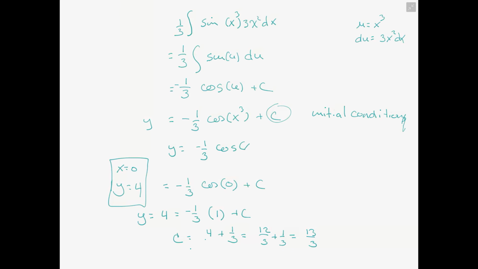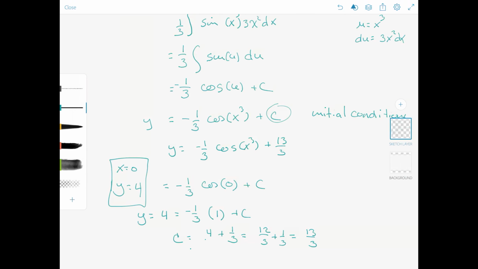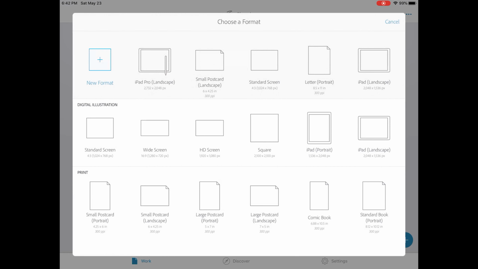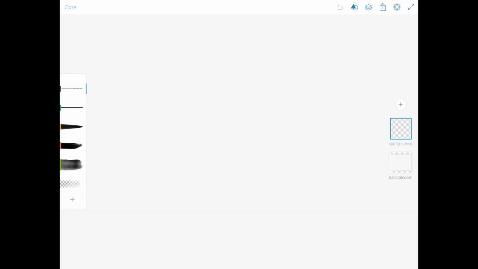So if we had this condition, then we would have y equals minus 1/3 cos x to the third plus 13/3, and that's how it would be handled.